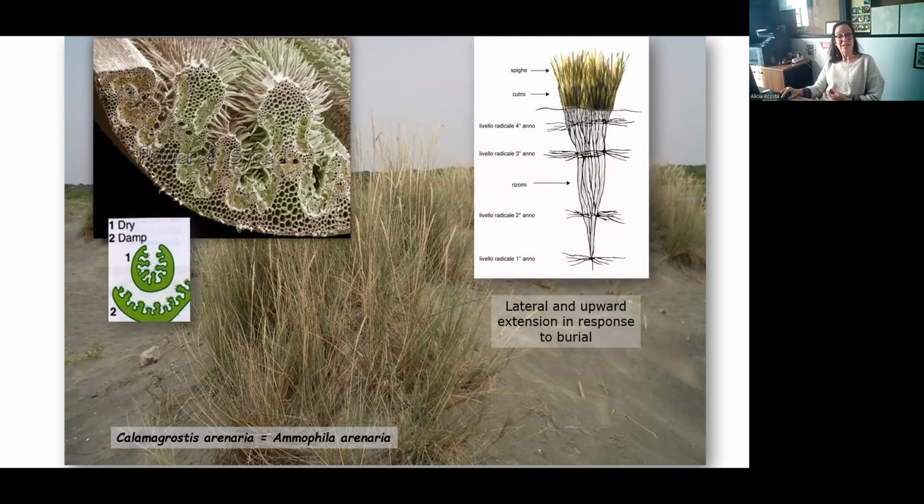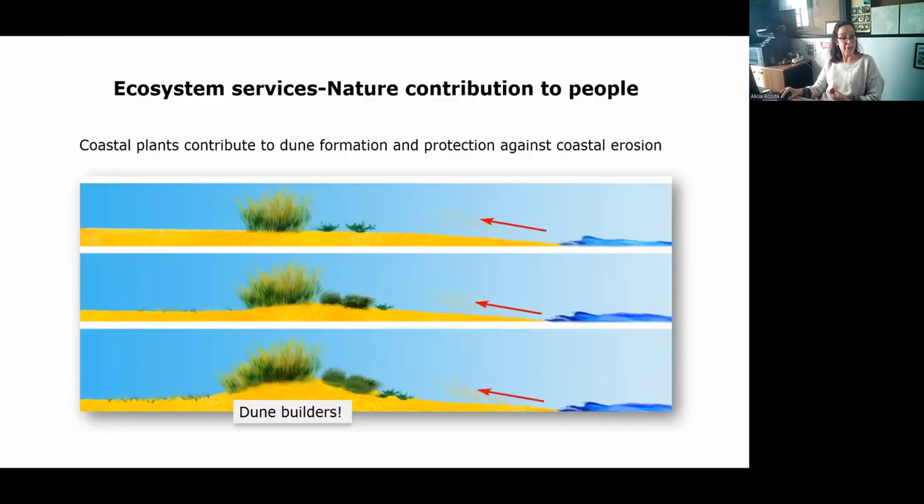Actually, some plants are stimulated by burial, and species like Ammophila are able to grow not only laterally, but also vertically, an upward extension in response to burial, holding in this way the sand. Of course, dune species vary in their tolerance limits, but some studies have demonstrated that species like Ammophila can stand up to 1 meter of burial per year.